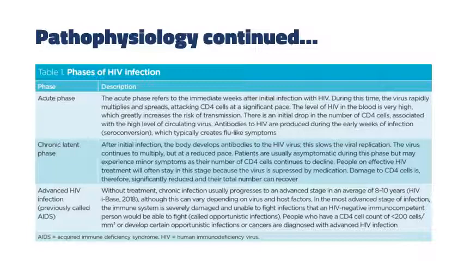The average time a person can advance through this phase is 8 to 10 years before it can be fatal. This is when the immune system is severely damaged and it can no longer fight off infections. This is also where, again, the CD4 count is less than 200.